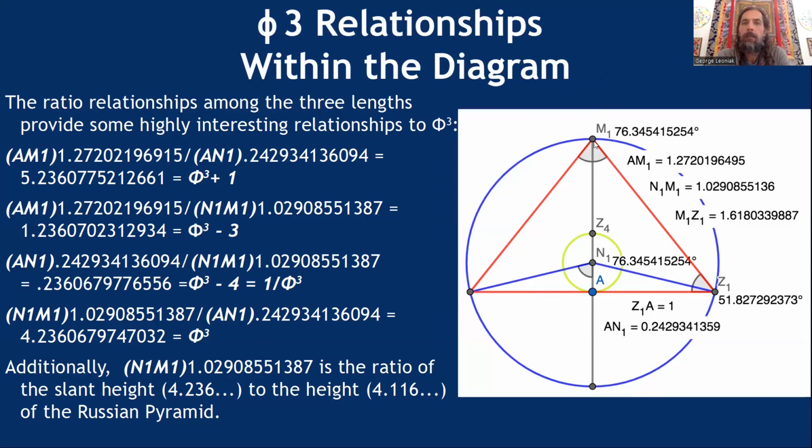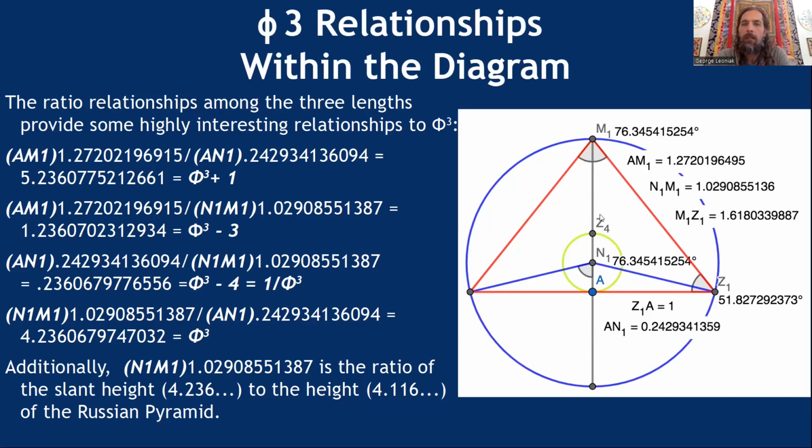We have A here in the center, AM1, and that is 1.270196. And then we have N1M1, which is 1.029855.